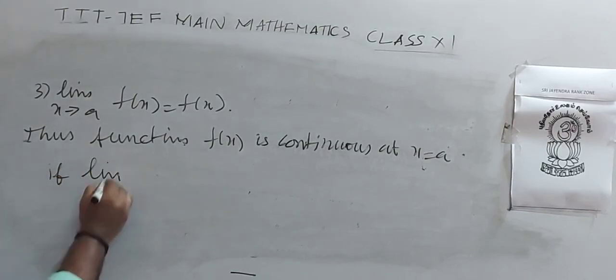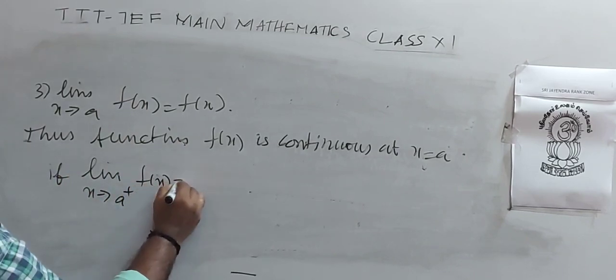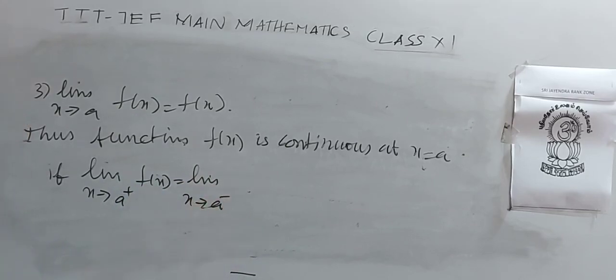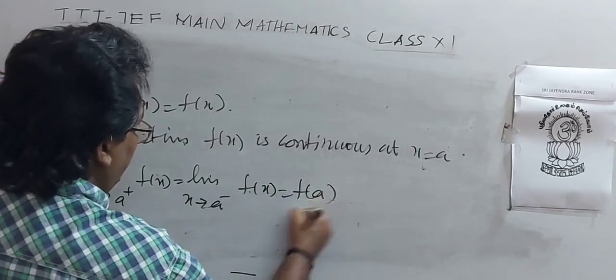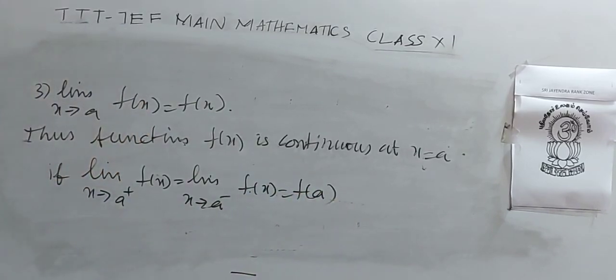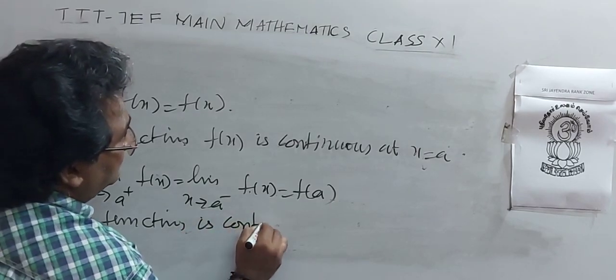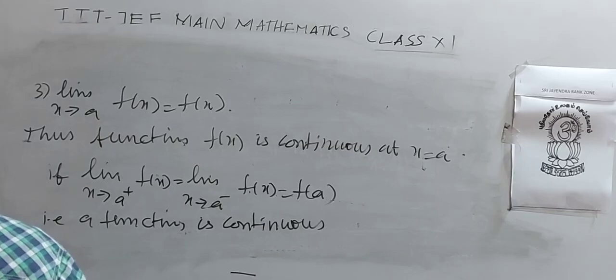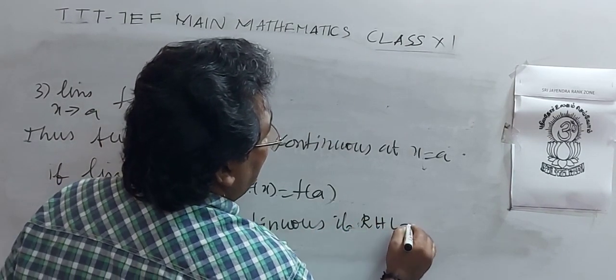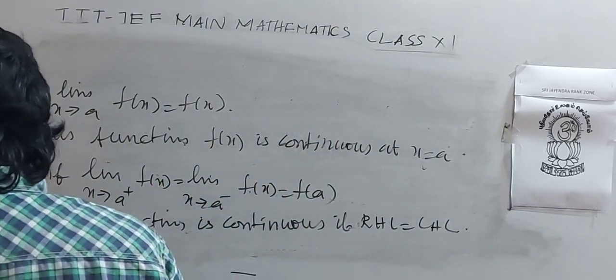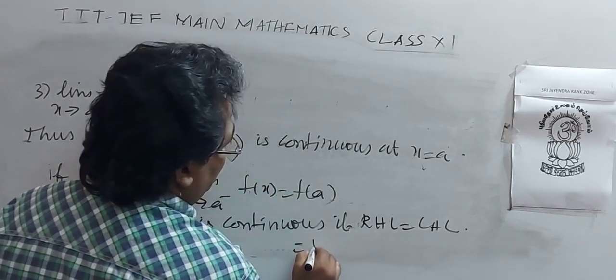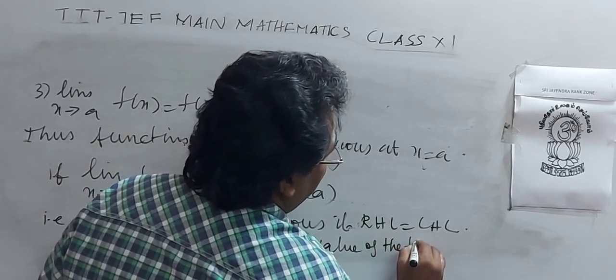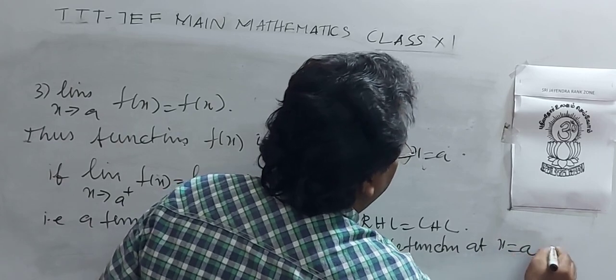If the limit as x tends to a plus of f of x equals the limit as x tends to a minus of f of x equals f of a, that is, a function is continuous if RHL equals LHL equals the value of the function at x equal to a.